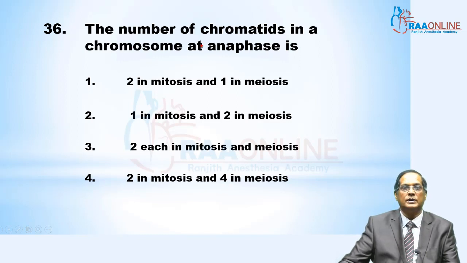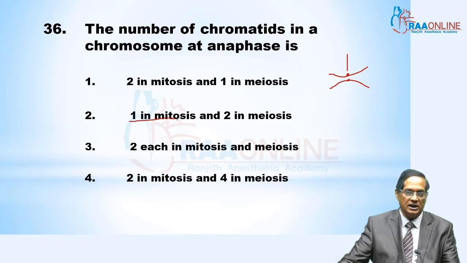It depends at which stage is asked. In normal anaphase, there is a division of centromere, so each chromosome is with one chromatid.